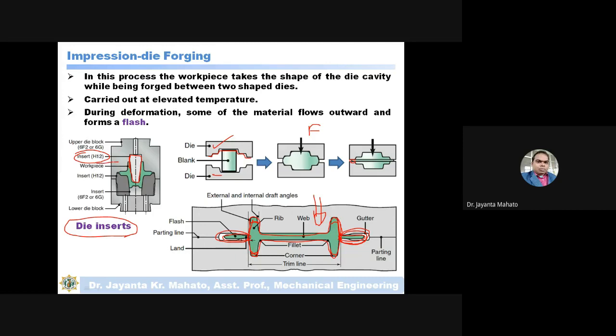This part is one die part, and this is another. A force is pressed in this direction, and in between the two dies there is another die. The material will flow around it, but here we create a hole type of shape, meaning an internal hole in the material. So sometimes these die inserts are used in the impression forging process.